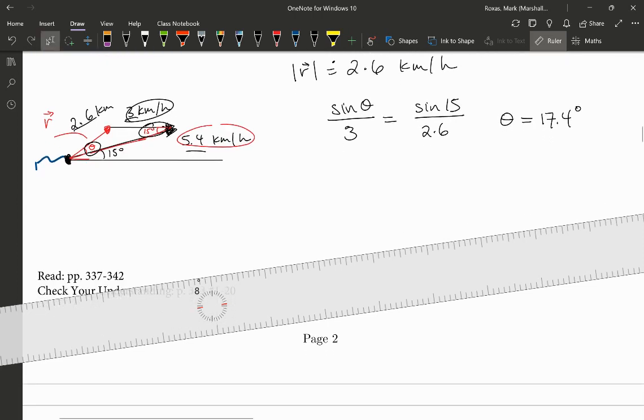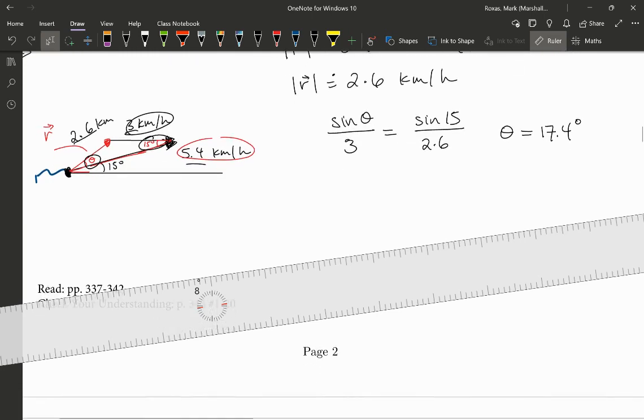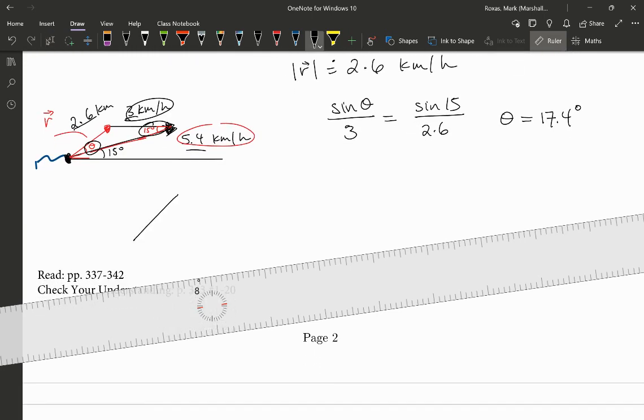What I want to do now is determine this angle relative to the water. So the water is flowing horizontally. Here's my resultant 2.6, and the river is horizontal, and I have the 5.4 kilometer one here.